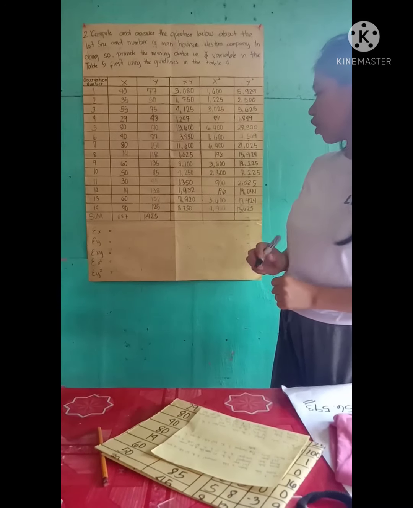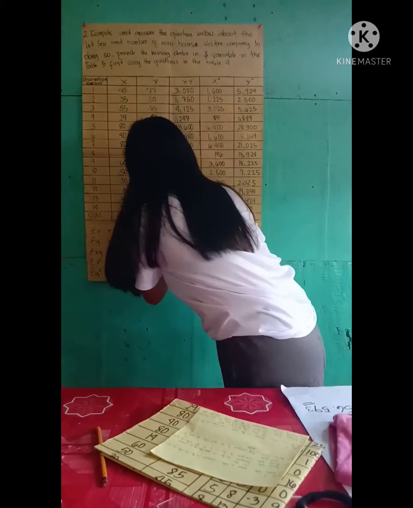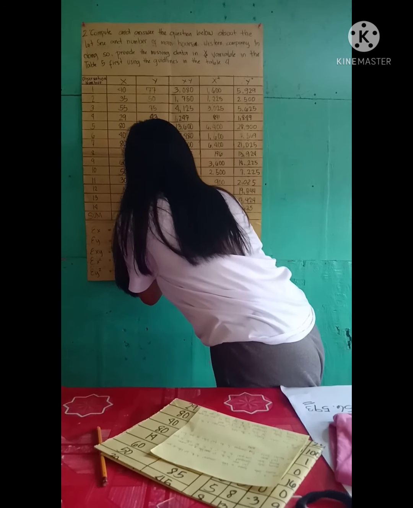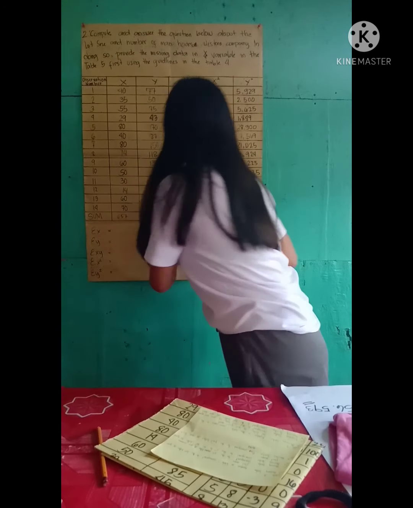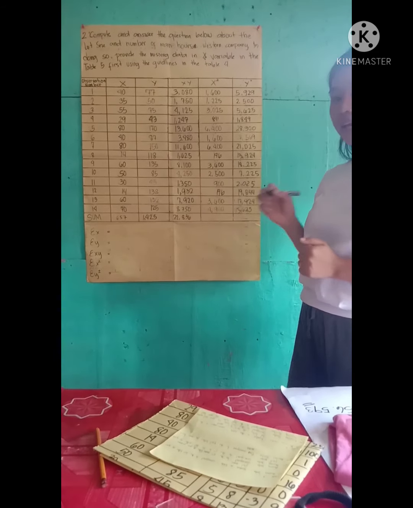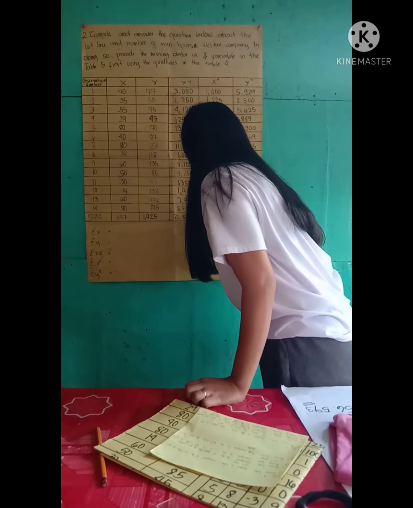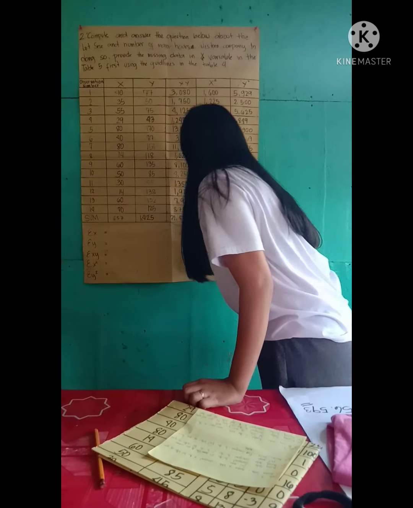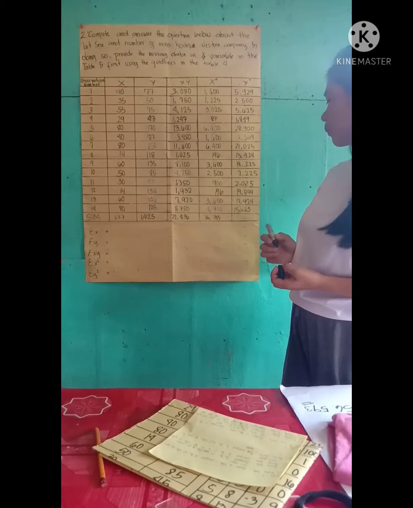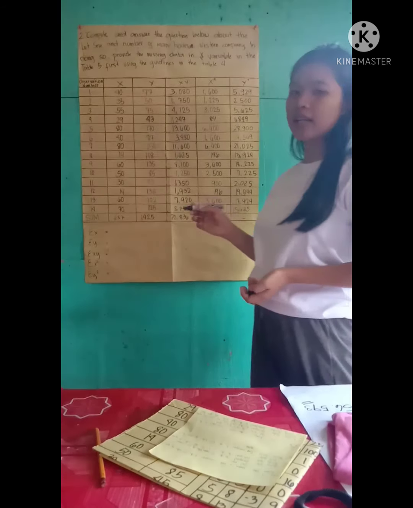For the xy column, it has 72,836. For the x squared column, it has 36,983. And lastly, the y squared column, it has the total of 166,889.